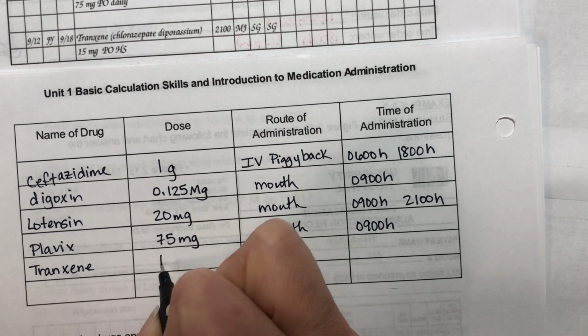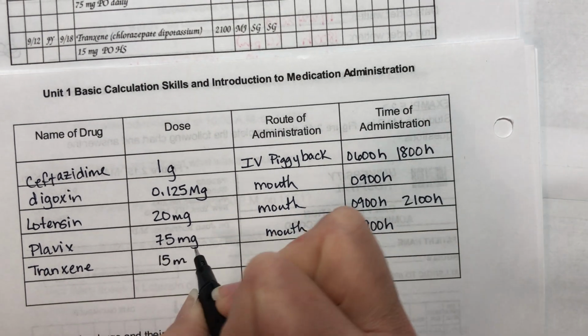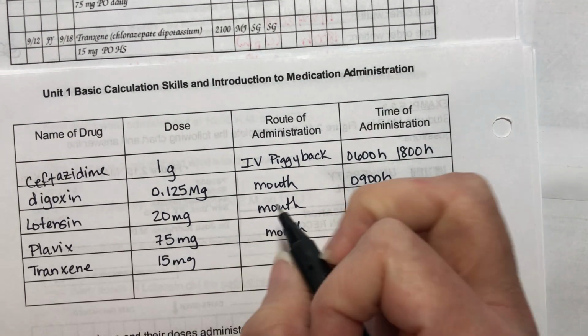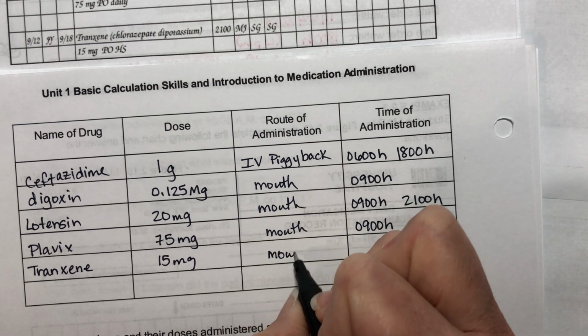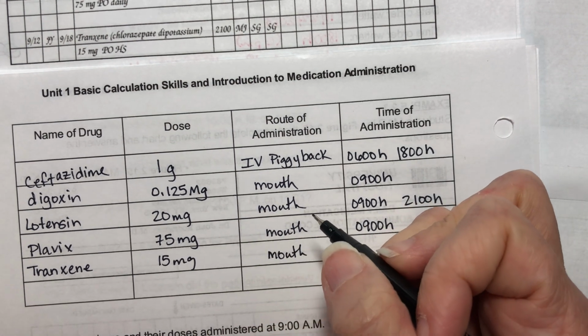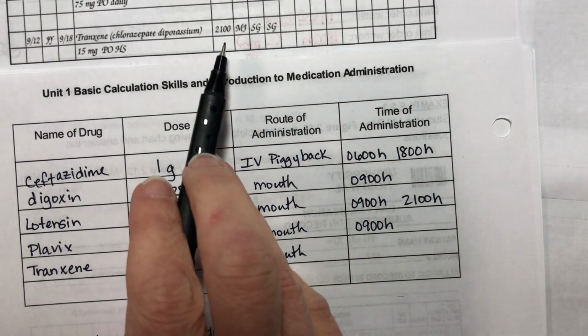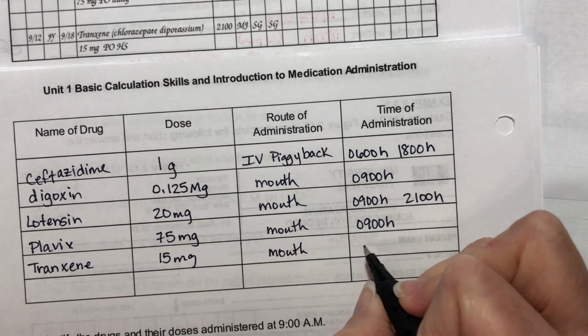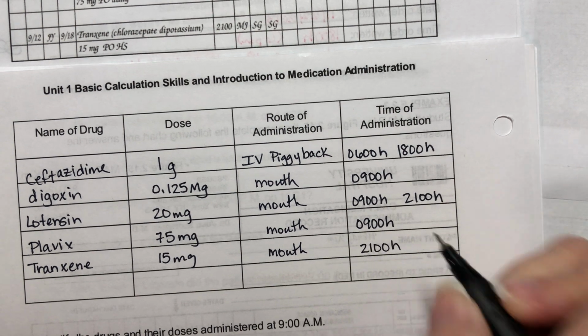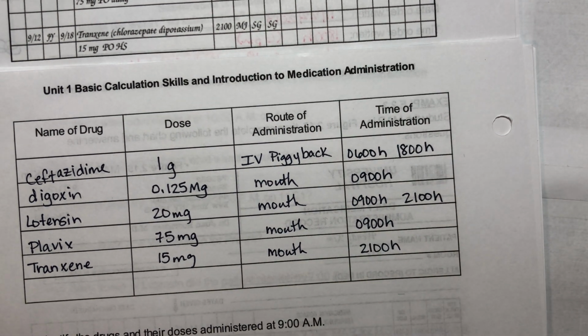It is a 15 milligram by mouth. And then it's supposed to be given at 2100 hours. Okay, so that's the chart filled out.